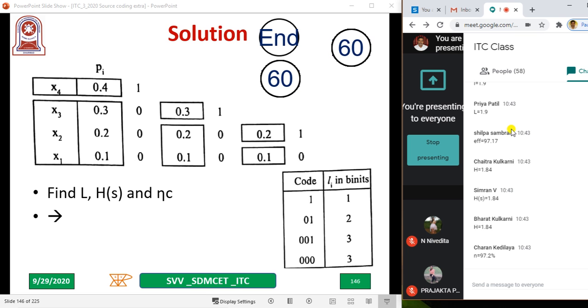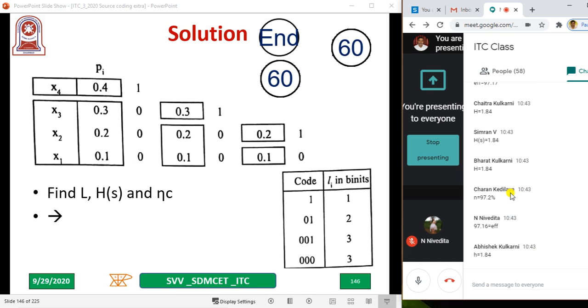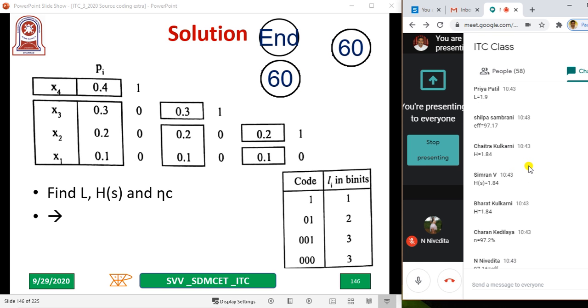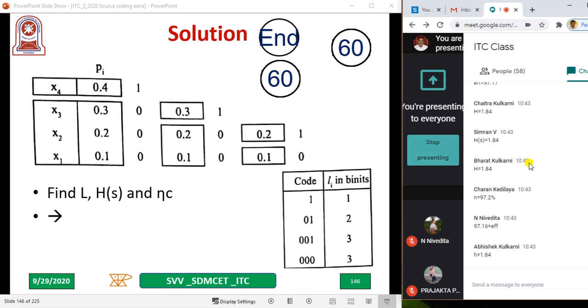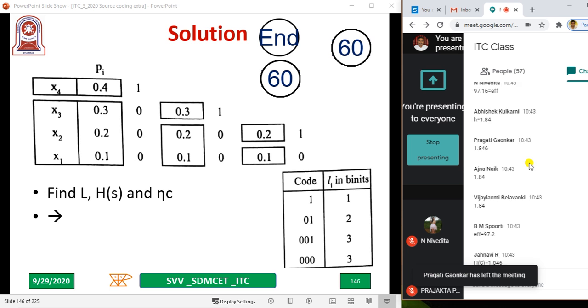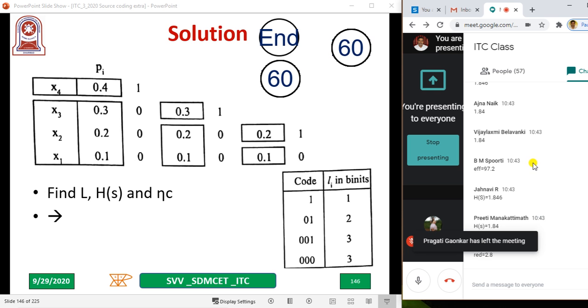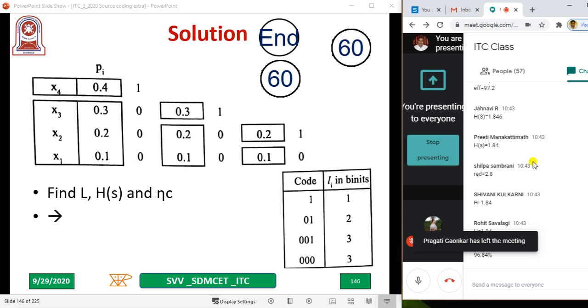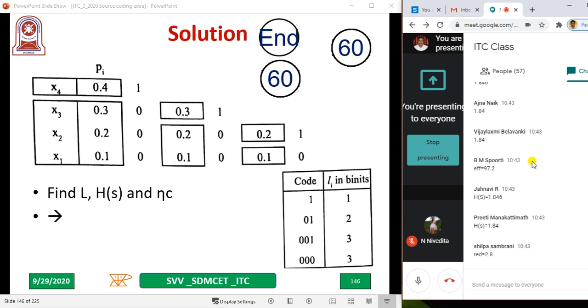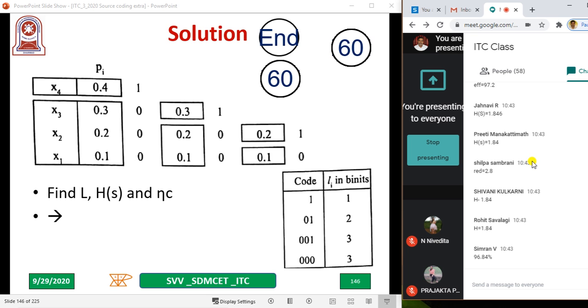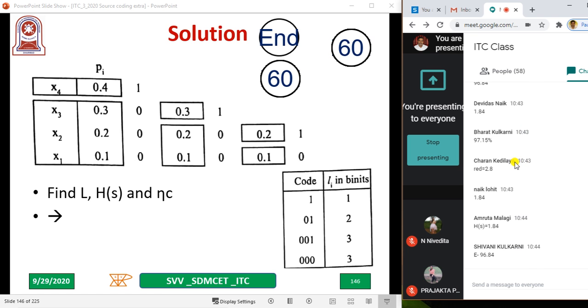Many students all got, I think Charan got the answer 97.2%, Nivedita 97, Abhishek Kulkarni has typed. Spurti efficiency she has typed, Adnya 1.84, Vijayalakshmi, efficiency Spurti has told 97.2, and Jannavi 1.84 H of S, and most of the students have typed.